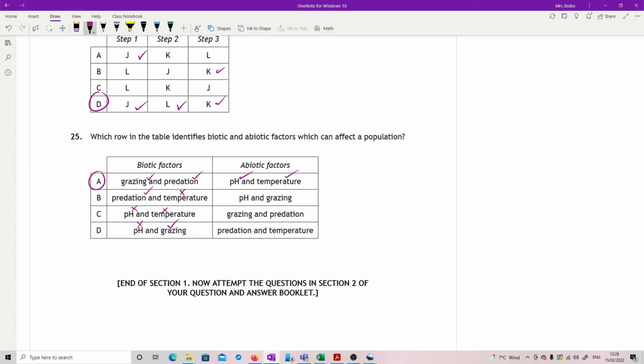So A is correct, but to run through the rest, pH abiotic, grazing is biotic, grazing, predation are both, oh, I'm not putting crosses where I should. Grazing and predation are both biotic, sorry. Predation is biotic and temperature is abiotic. So the only one that has both is A, question 25. And that's that section.